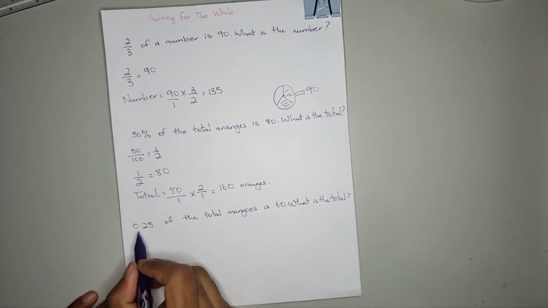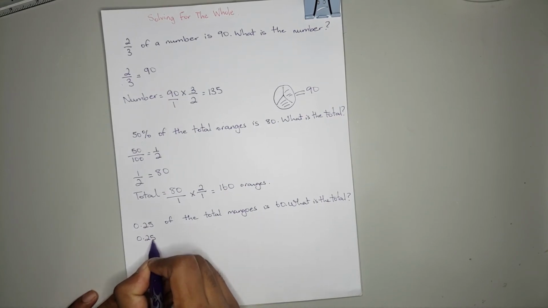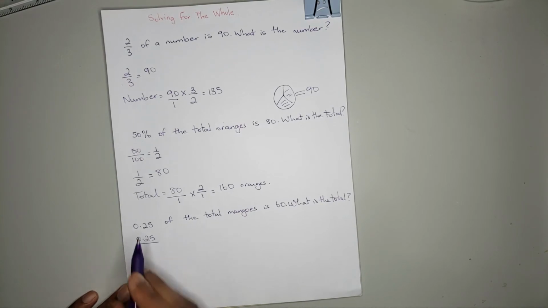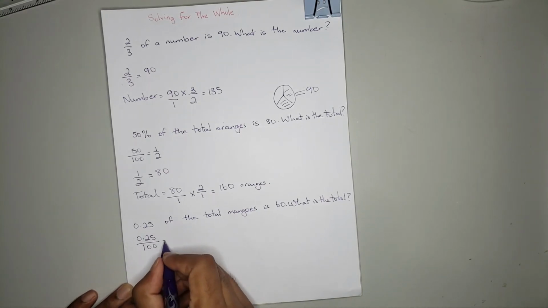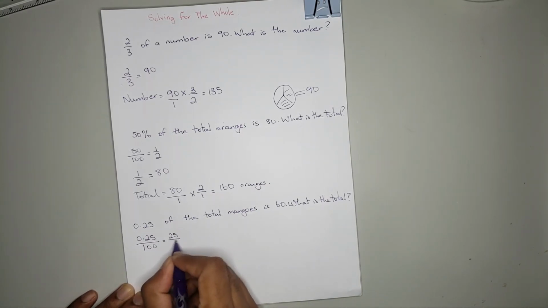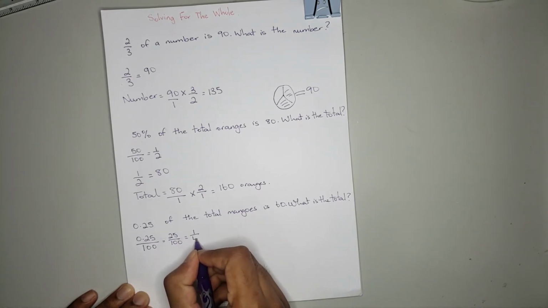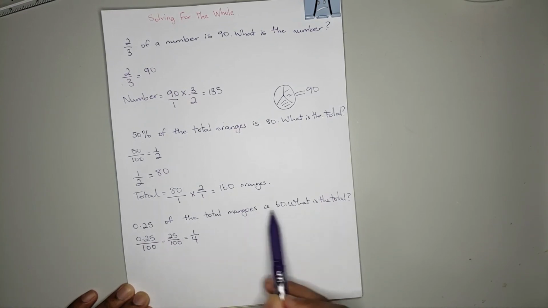We know now to convert a decimal into a fraction, you put 0.25, you draw your vinculum, where the decimal point is you put in a 1, and for all the numbers on the right-hand side of the decimal, you replace them with zeros. So this is the same as 25 over 100. But 25 over 100 could simplify and become 1/4. Now this is the same as saying 1/4 of the total mangoes is 60.